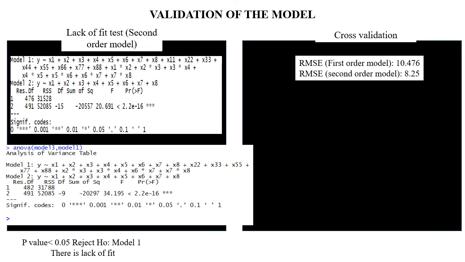According to the lack of fit test for the second-order model, there is a lack of fit. However, the k-fold cross-validation result indicates that the second-order model is a better model than the first one.